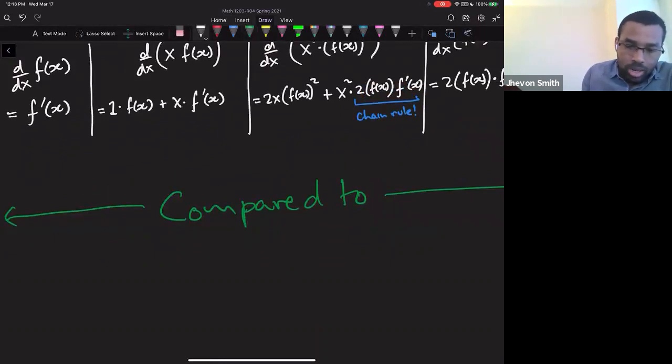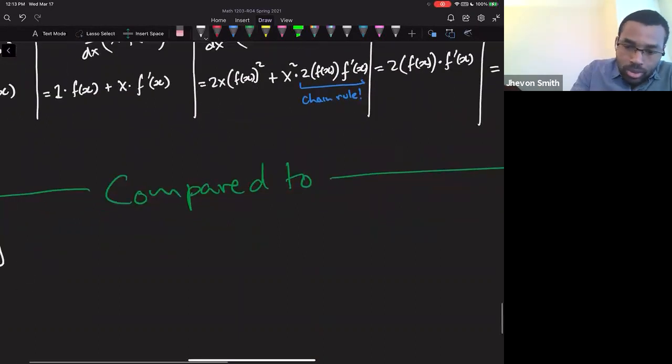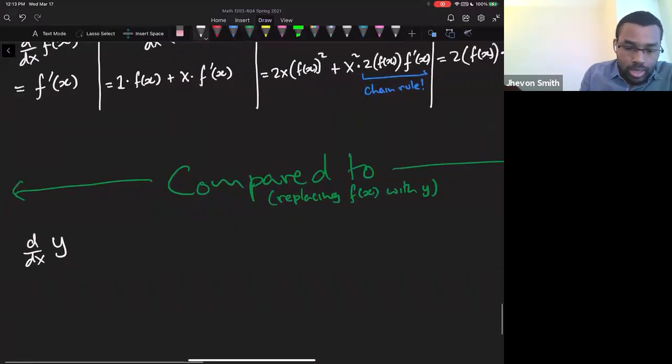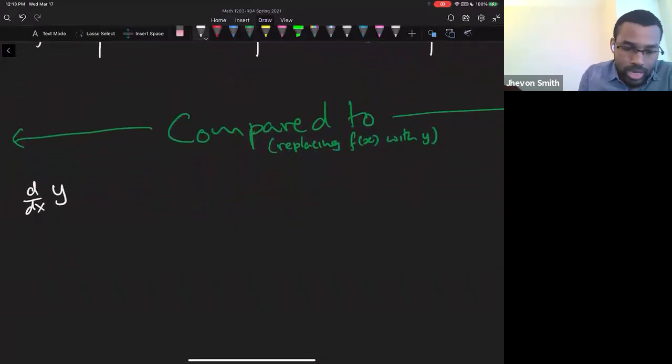However, instead of writing f of x, I'm going to write y as f of x, replacing f of x with y, because that's how things are going to appear later on.